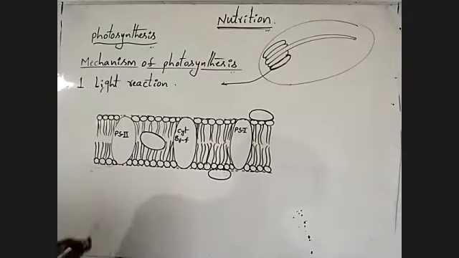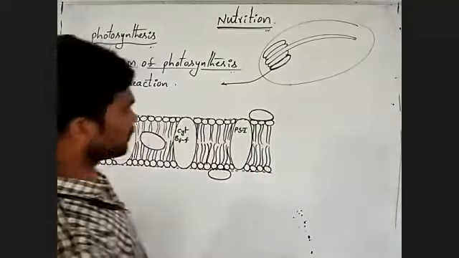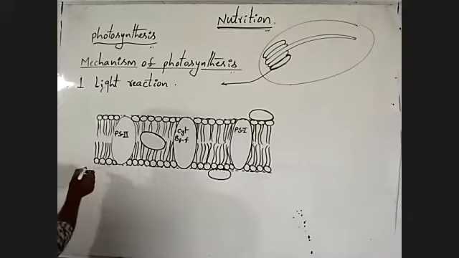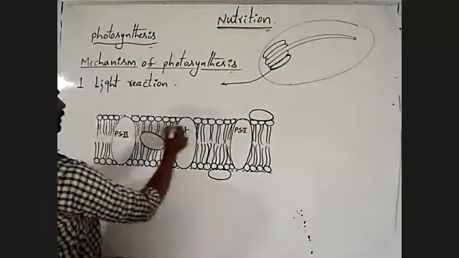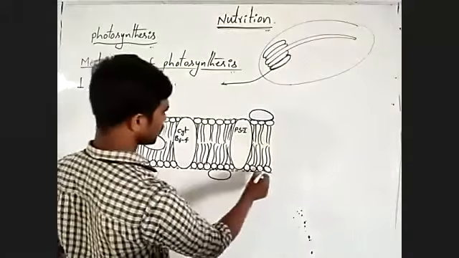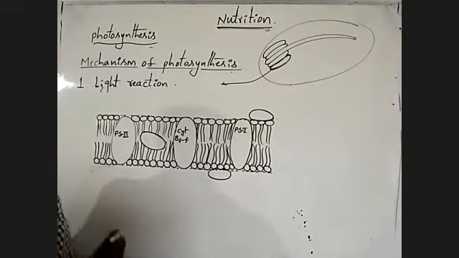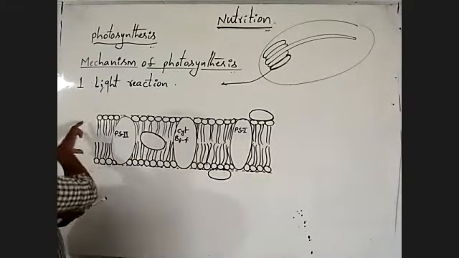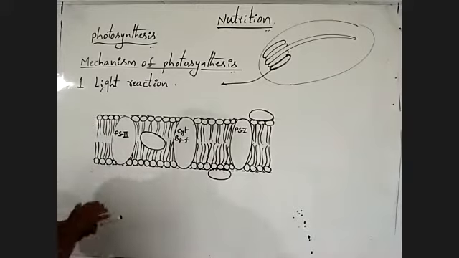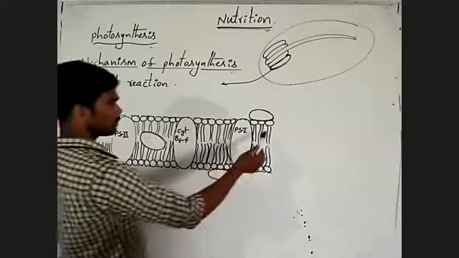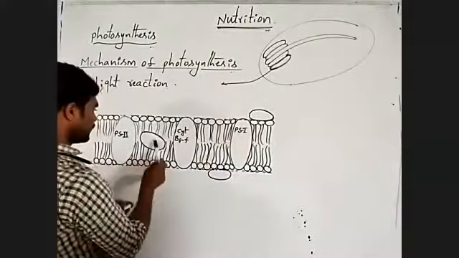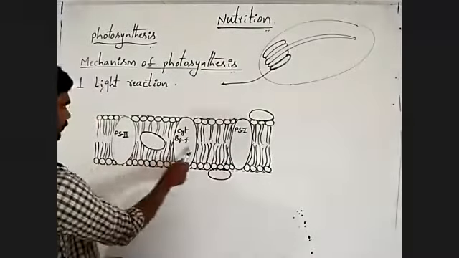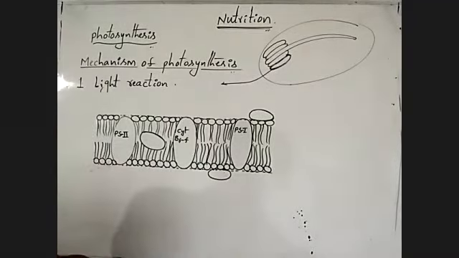Here, this is the thylakoid membrane. This is a lipid layer, and this is another lipid layer. Two phospholipid layers are present in each membrane of the cell. This is the phospholipid bilayer. Next, these are the membrane proteins.